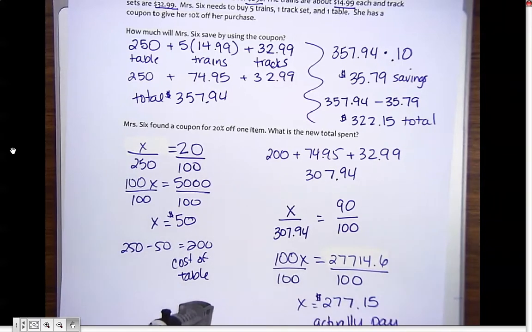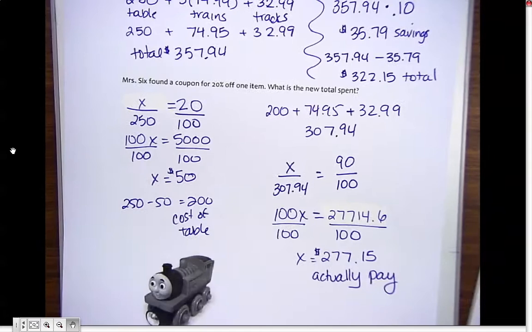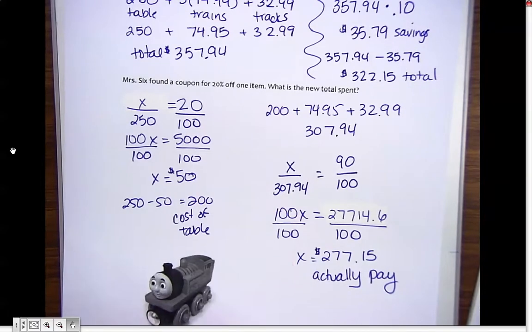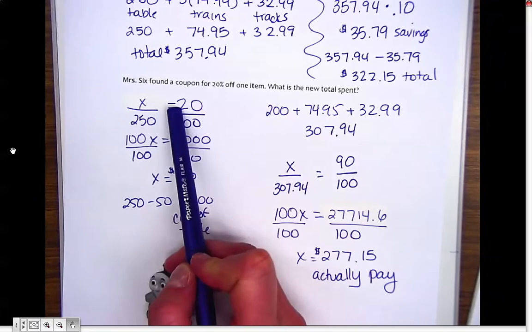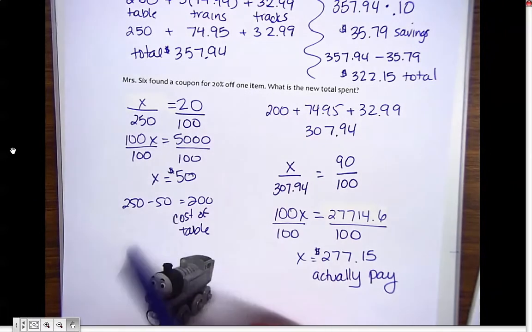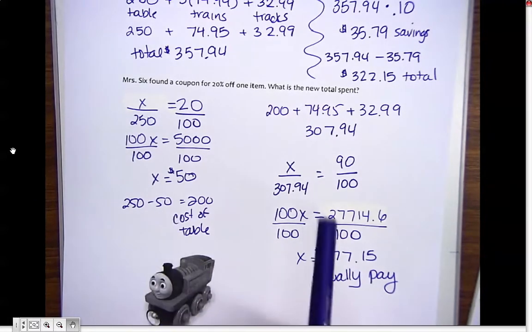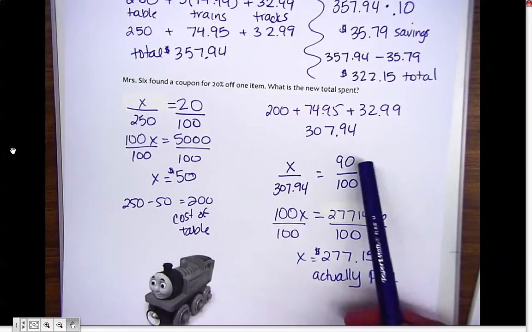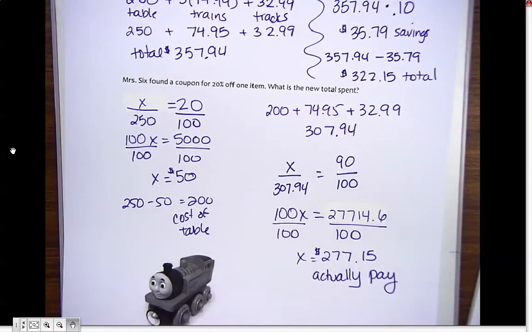All right, so you've seen three different strategies that you can use throughout these notes for dealing with percents. You can set up proportions. So if you're trying to find an amount off, you can either set it up as finding out what that amount off is going to be and subtract it from your original, or you can flip it around and find out what your new amount is going to be by looking at the opposite.